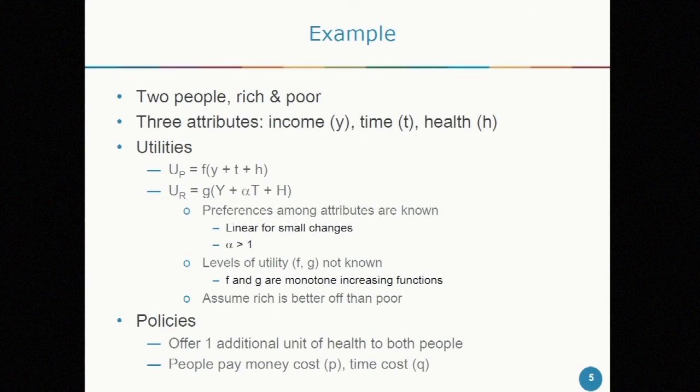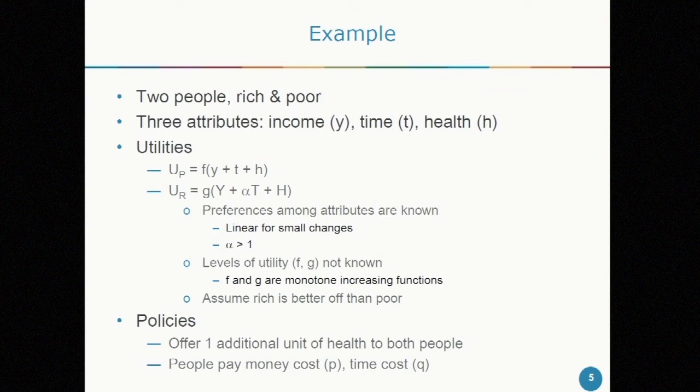Let me illustrate with a very simple example here. I have a society with two people, rich and poor. There are three attributes of concern: income, Y, free time, T, and health, H. Then I have utility functions, UP for the poor person, UR for the rich person.